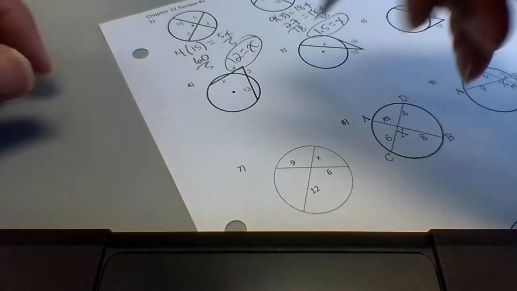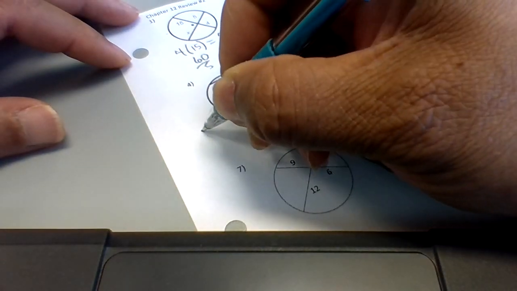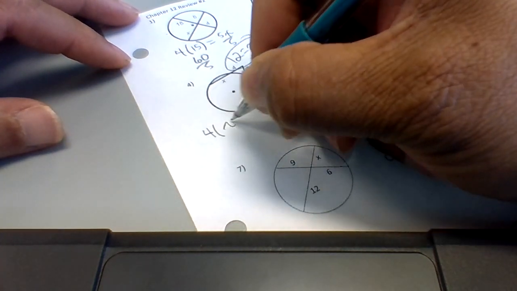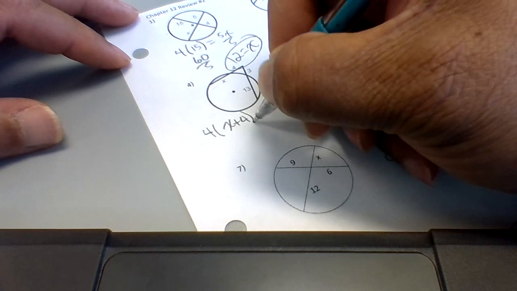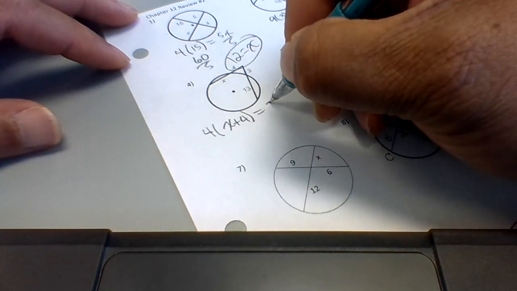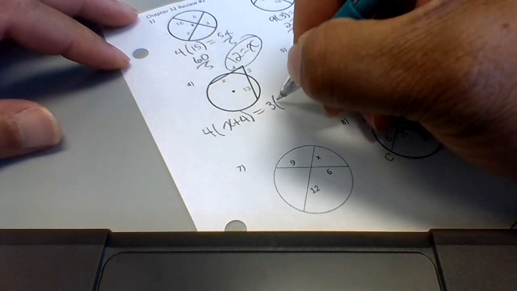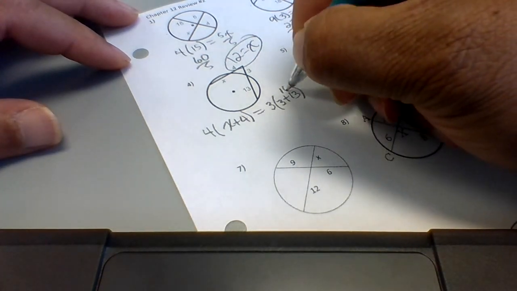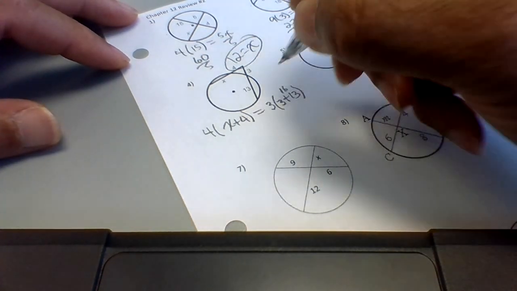All right, next one comes to a point outside of the circle. So you're going to take what's outside, 4, times the total distance. So that's x plus 4 equals outside is 3 times the total distance. So that's 3 plus 13. So this will give me 16.